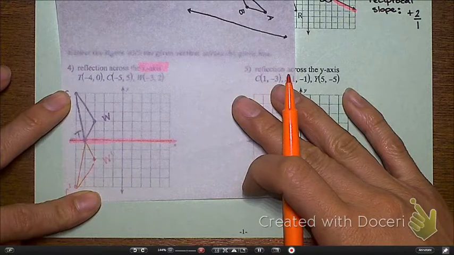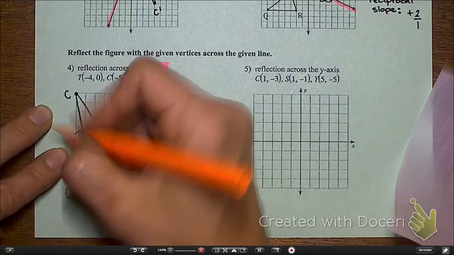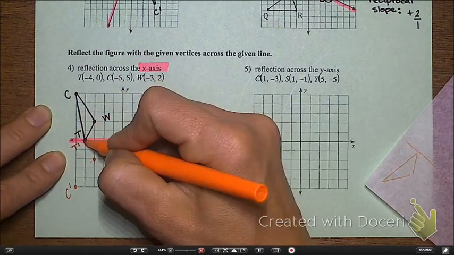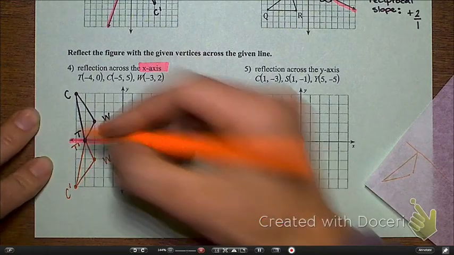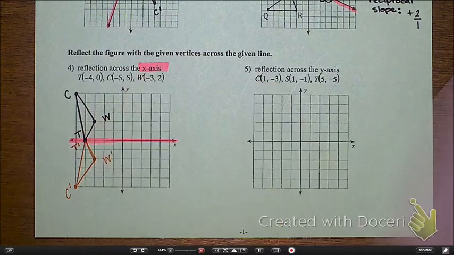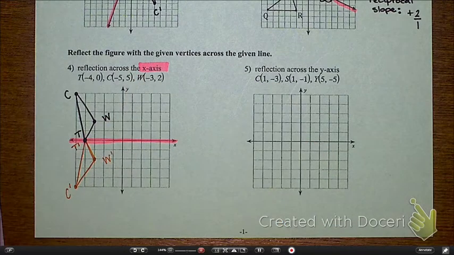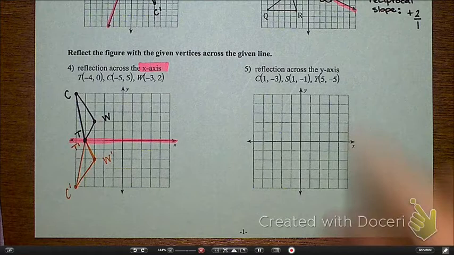It's staying the same. So T prime is in that same position, so I'm just going to go ahead and connect these. Okay, does that make sense what we did there? How many of you raise your hand if you were able to successfully flip that one, either method? Doesn't matter. Okay, good.